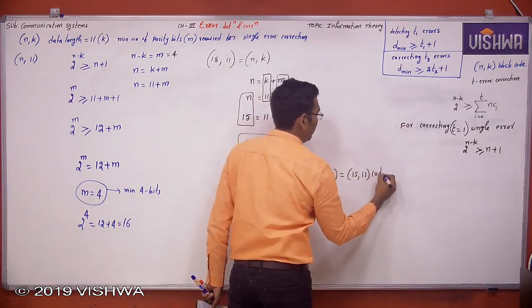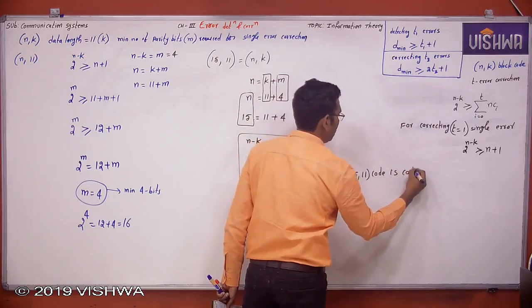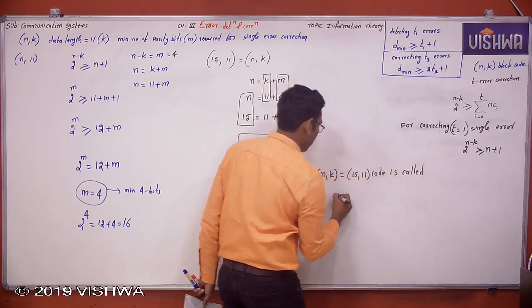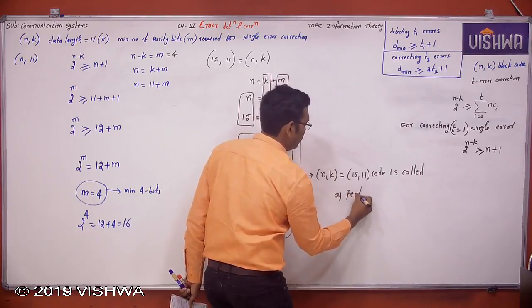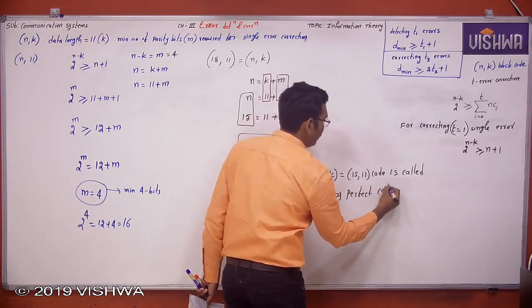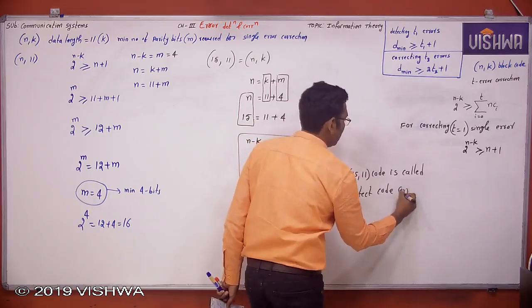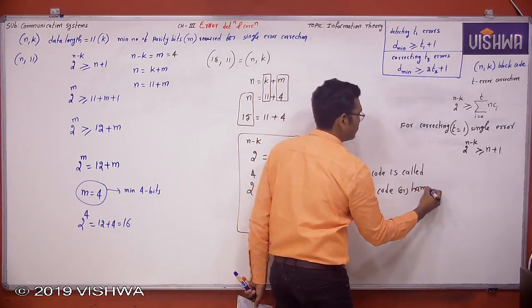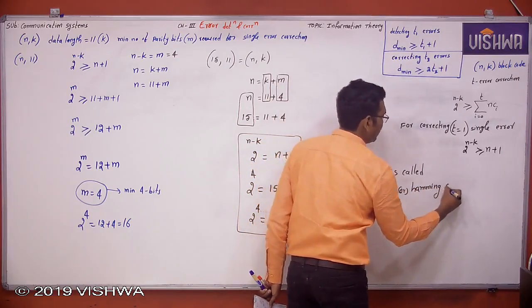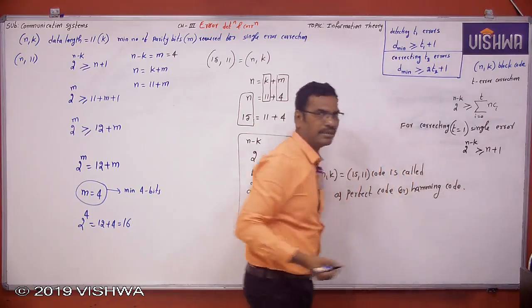Now the 15 comma 11 block code is called a perfect code, or also called a Hamming code.